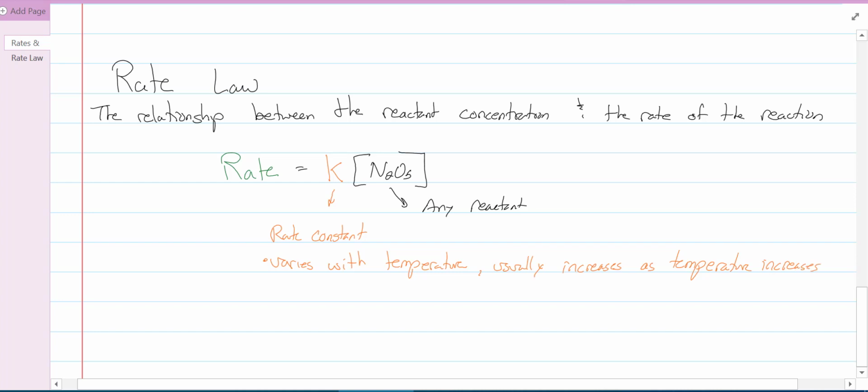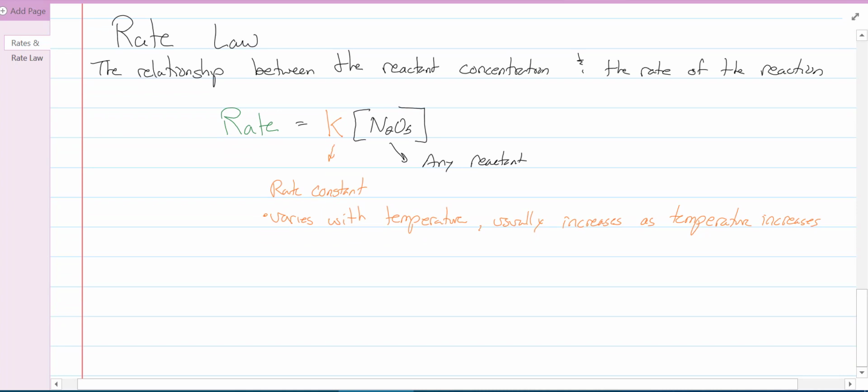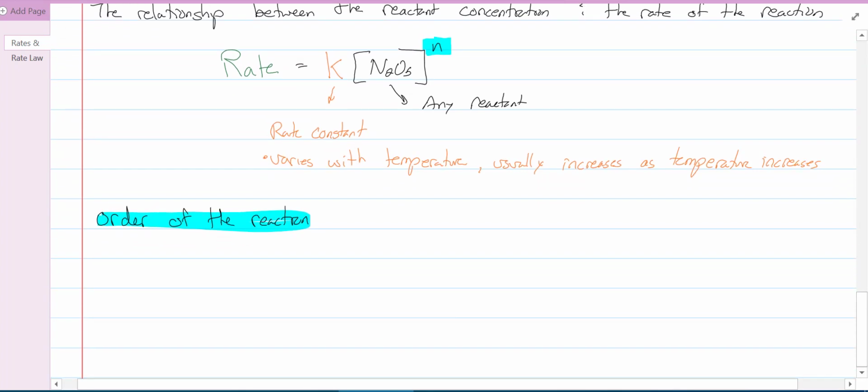So now there's something called the order of the reaction. And the order, I'll highlight it blue here. The order goes right there. It's the power. It's the exponent. I'll put an n there, for the number, the exponent.